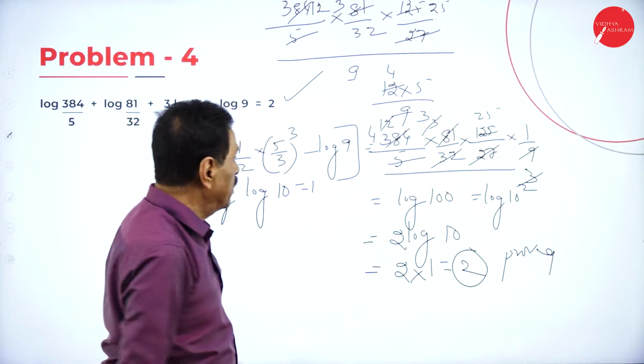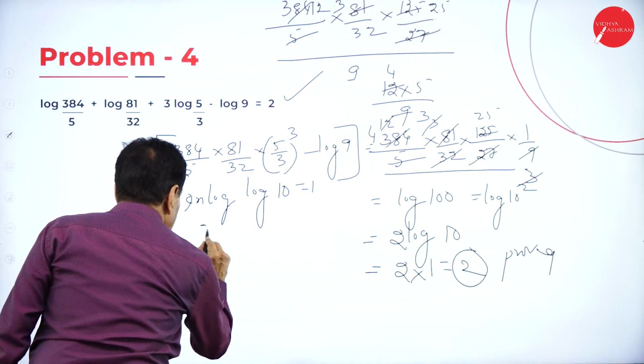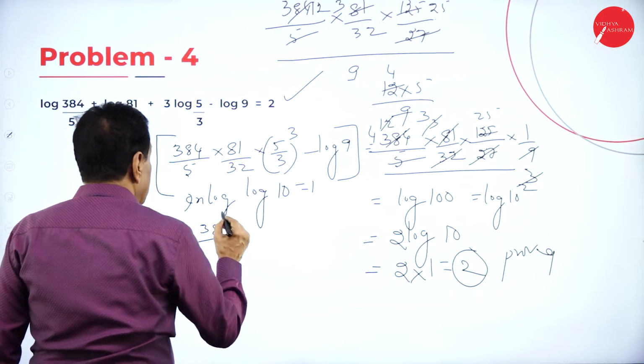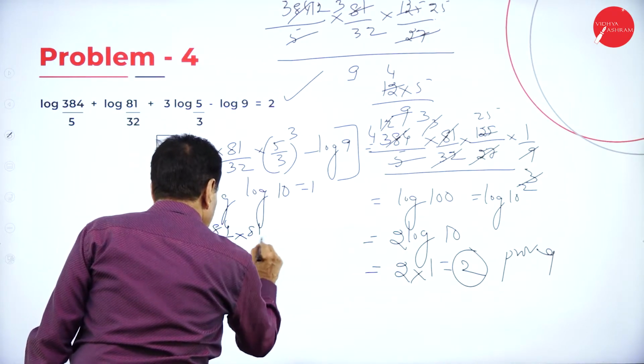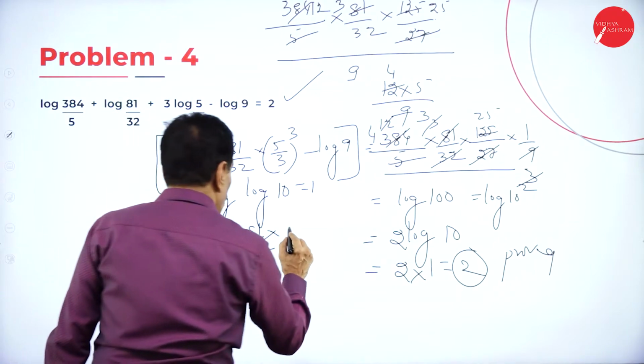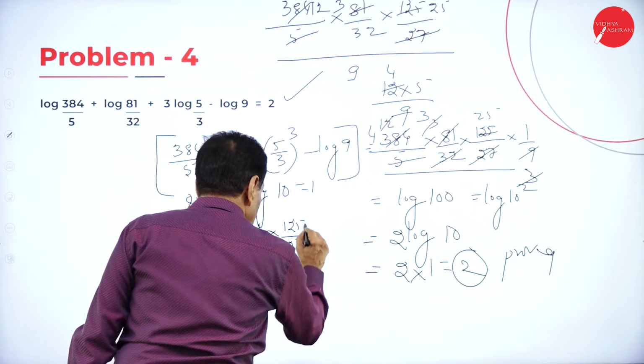Once again, I'll repeat. If you want, you can write 384 divided by 5, 81 divided by 32. This is 125 divided by 27.